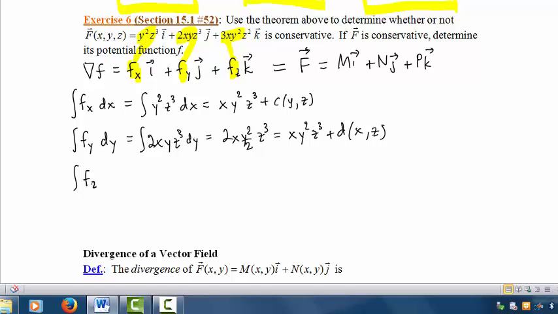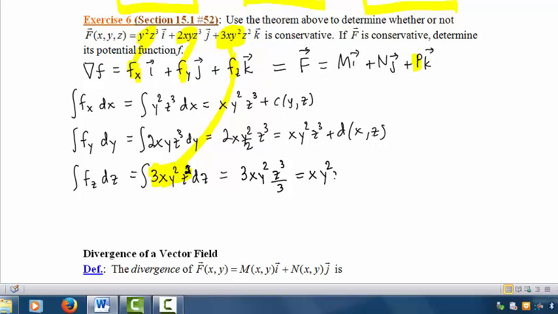If we integrate partial of f with respect to z, we would have to match p. We get 3x y squared z cubed over 3 equals, again, x y squared z cubed plus some function of x and y.